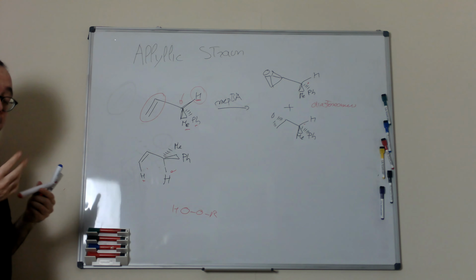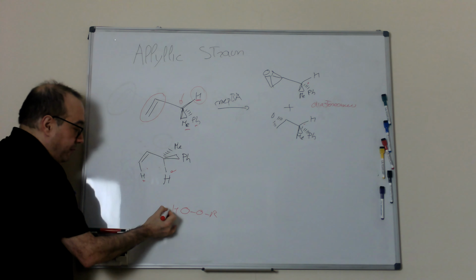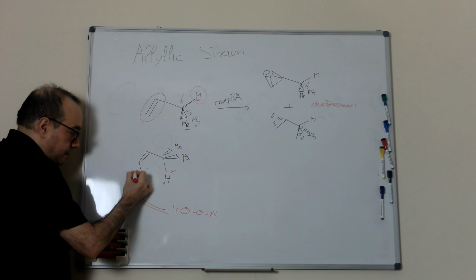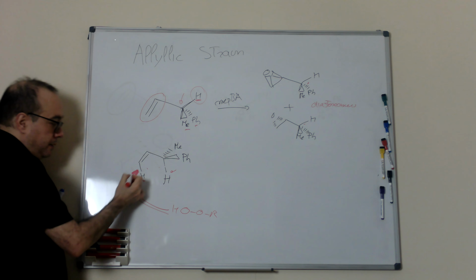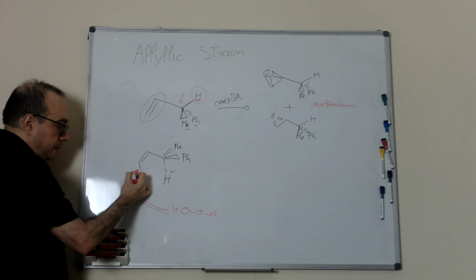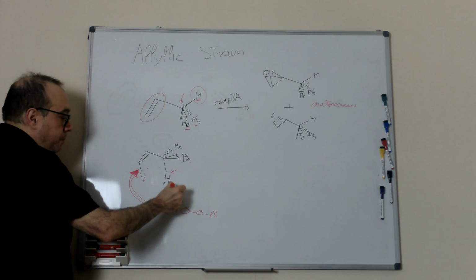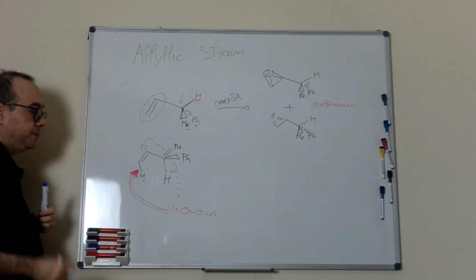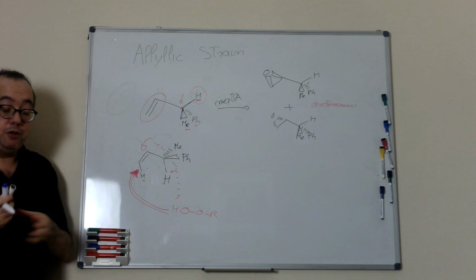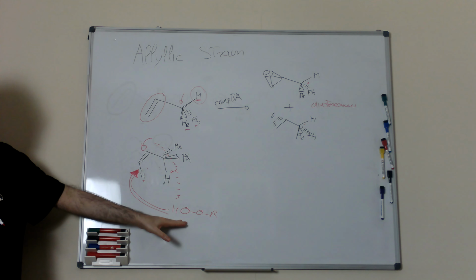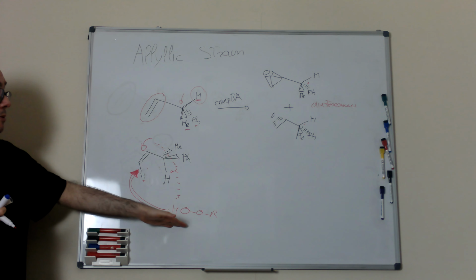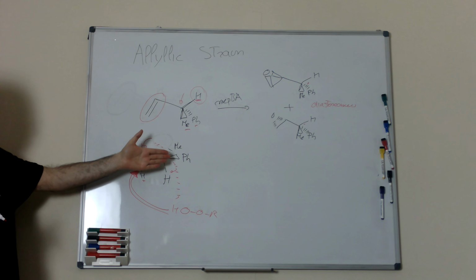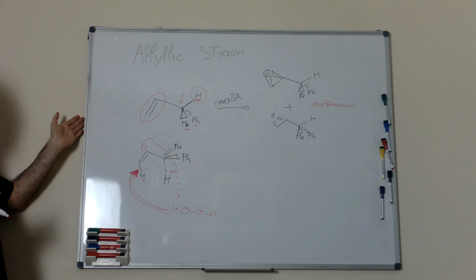The attack can take place from in front, which I will draw like this, or from behind. The approach of the peracid, in this case metachloroperbenzoic acid, can be from in front of the slide or from behind the slide.